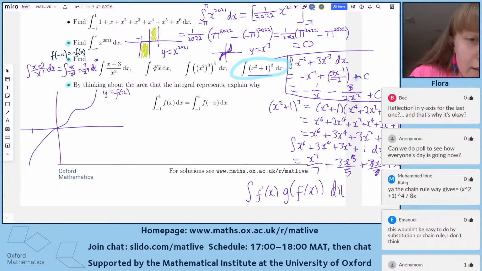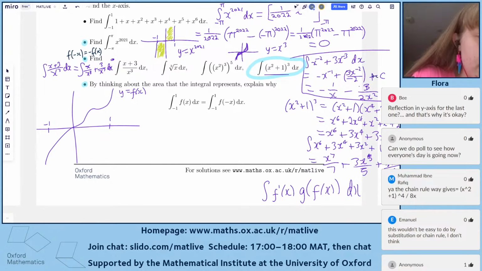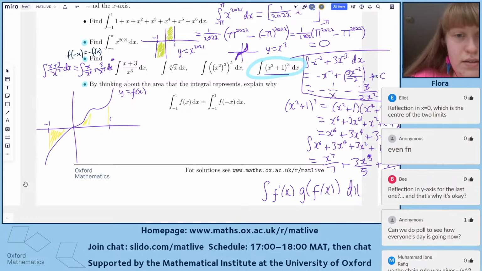Well, this is minus 1. They're not even, but trust me. That's minus 1 and that's 1. And this integral we're going to have to split up. If you read the revision material, then you'll see that it's easier to consider separately the region where it is below the x-axis and the region where it is above the x-axis, like this.